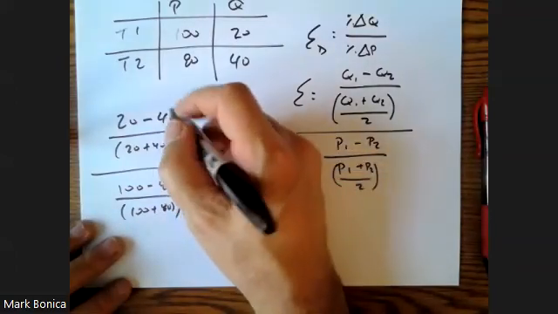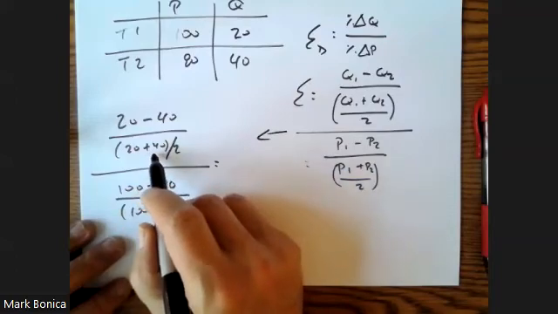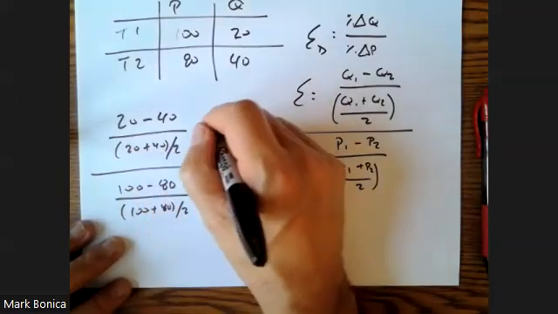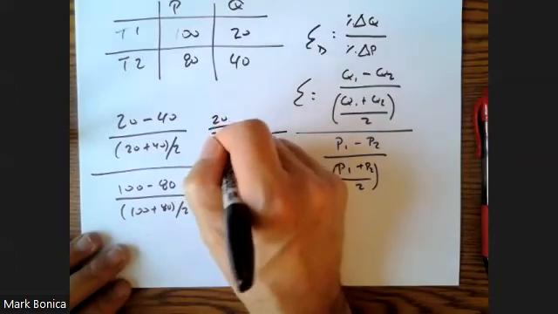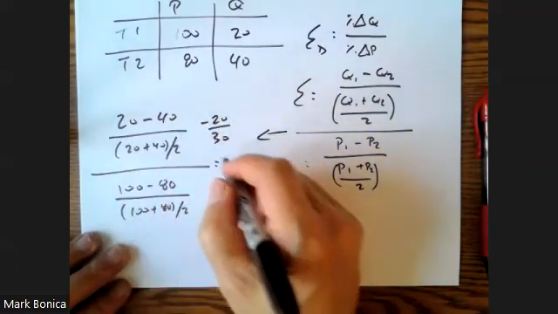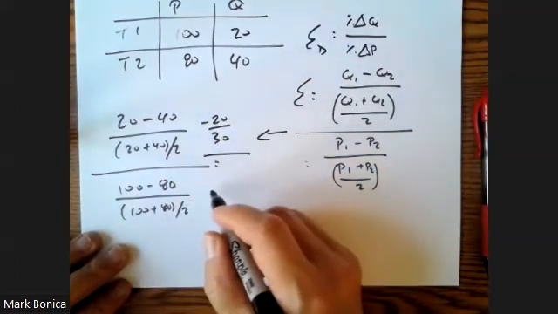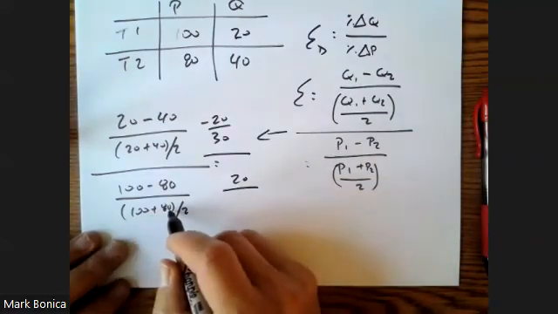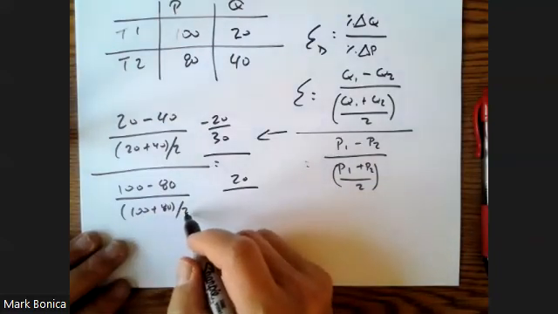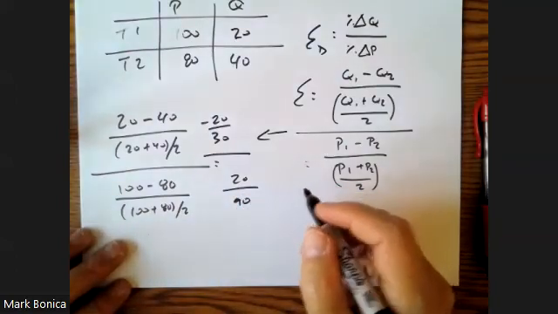And so we get 20 minus 40 is minus 20, divided by 20 plus 40 is 60 divided by 2. So that's 20 over 30. And that's a minus 20, right? Divided by 100 minus 80 is 20, divided by 100 plus 80 is 180 divided by 2. So 180 divided by 2 is 90. So 20 over 90. Sorry.